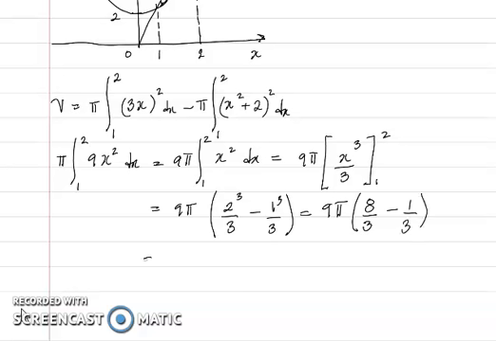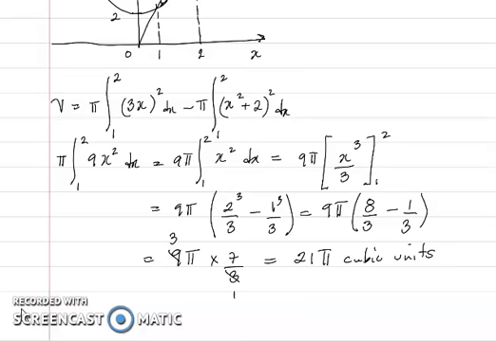So my final answer becomes 9 pi multiplied by 7 over 3, which turns out to be 21 pi cubic units. All right. So all I did was I found the first integral.